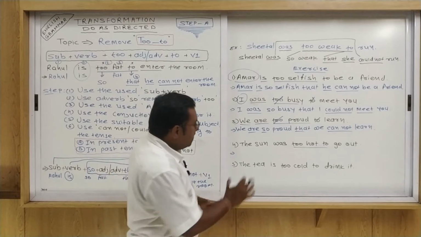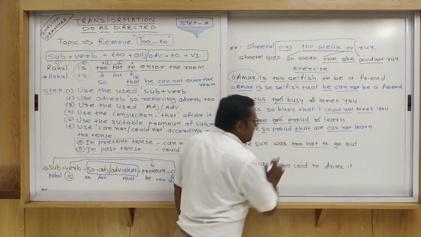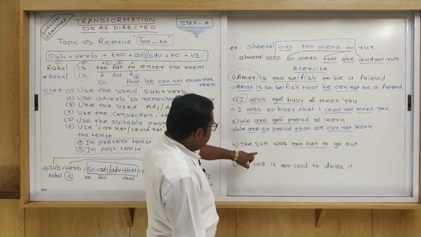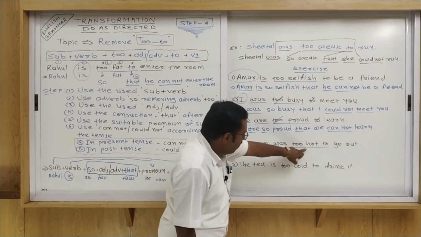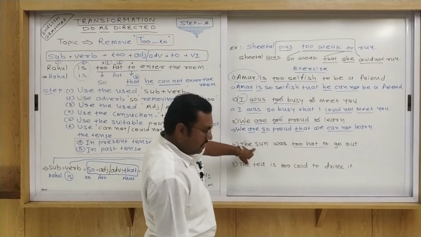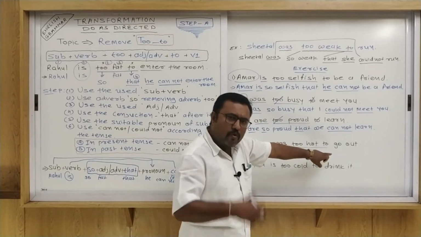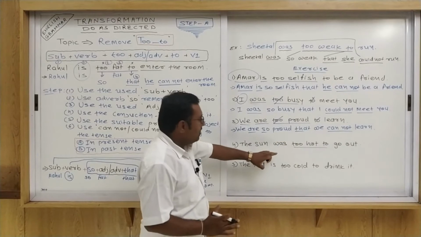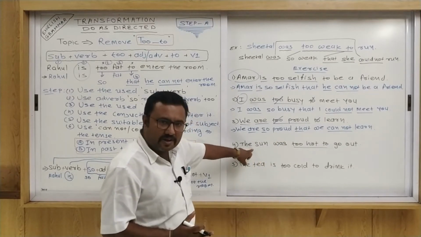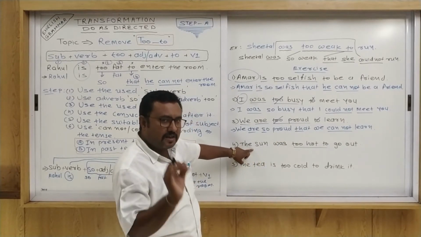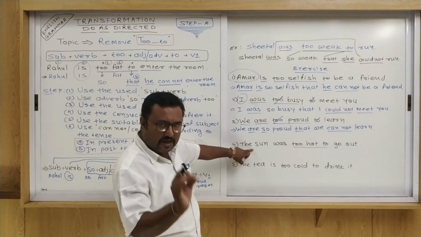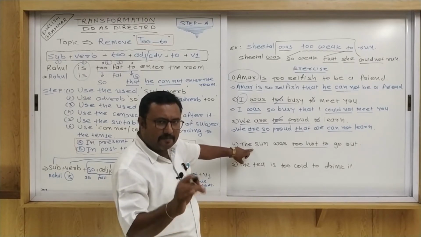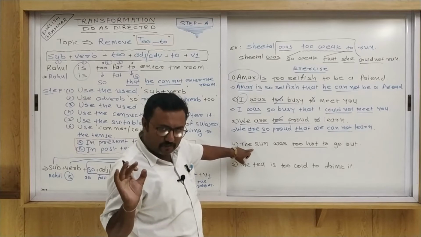It. But the subject is hidden here. Hot is used for the sun, and go out is done by a person. So when the subject is not given, we can use either we, I, or one.